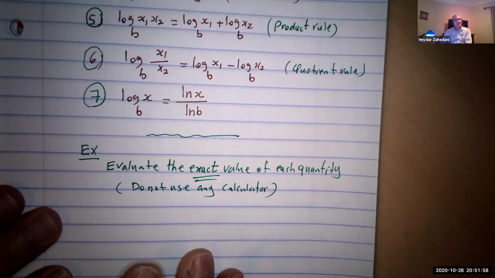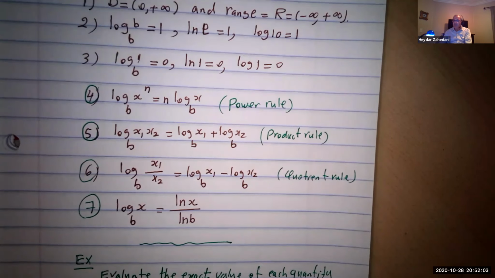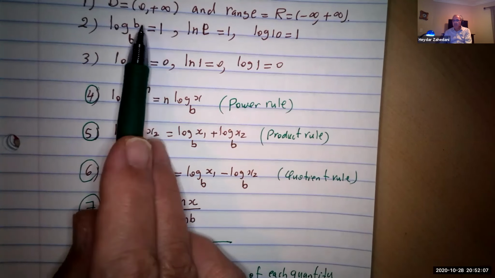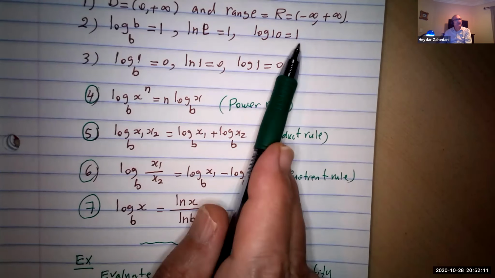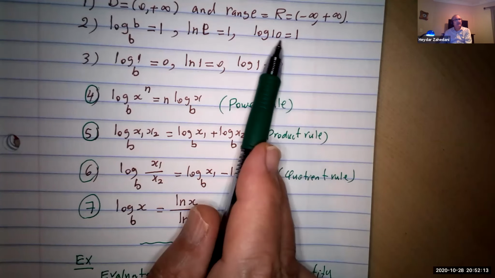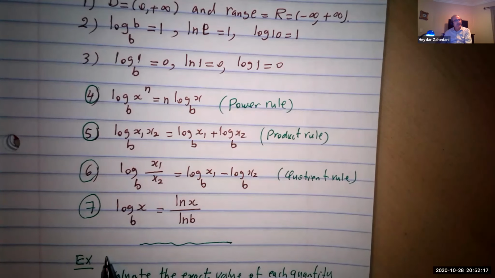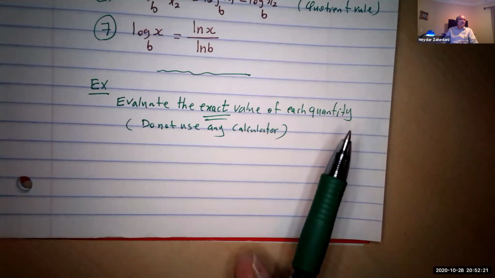So exact means, you see, you are going to use only this one. Look at this one. Log of b at b is 1. ln of e is 1. Log of 10 is 1. Okay, nothing else. Nothing else means you can use these properties if you like. But when they say exact, don't use a calculator.